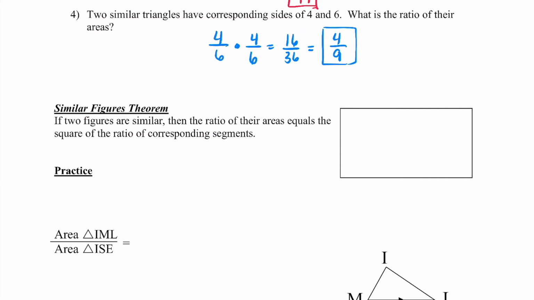Here's our theorem. It only works for similar triangles. But if triangles are similar, the ratio of their areas is equal to the square of the ratio of corresponding segments.